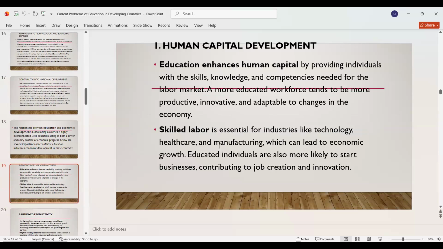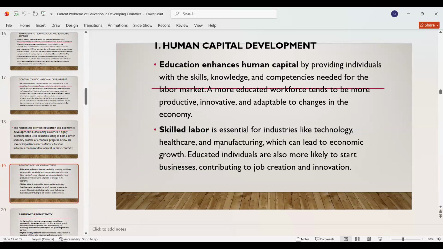Human development. Education enhances human capital. Capital, when we hear this word, we think of Colombo as Sri Lanka's capital.